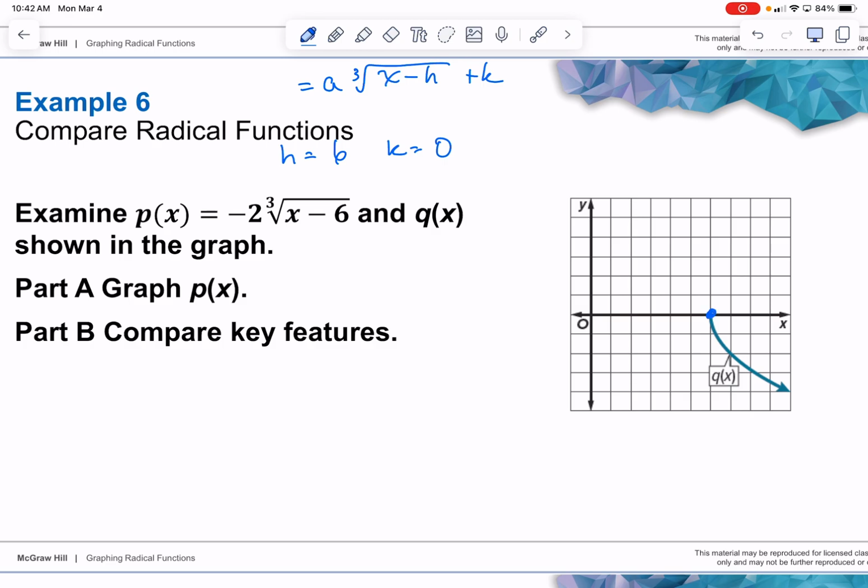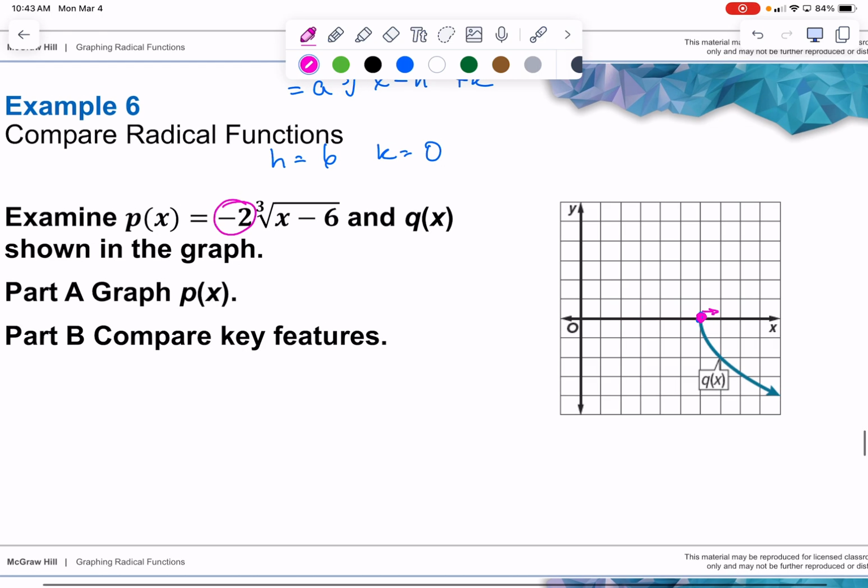Oh, hey, they have the same starting point, don't they? I'm just going to put this in pink so it's a little bit different. Right? If I go over to the right one, am I going to go up or down? Down by 2, right?